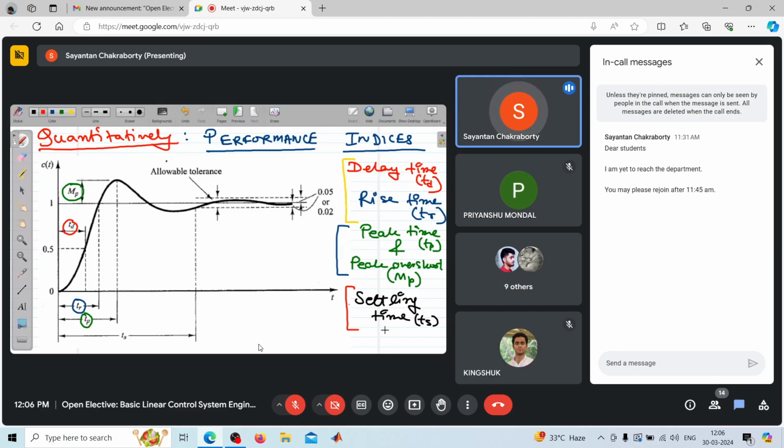And these specifications are treated to be universal. Any time response can be specified, will be specified, and shall be specified by these performance indices only. And let us see, these performance indices not only infer about the time domain behavior, but in some situations they also infer about the relative stability, robust stability, or the frequency domain characteristics. That will come later.